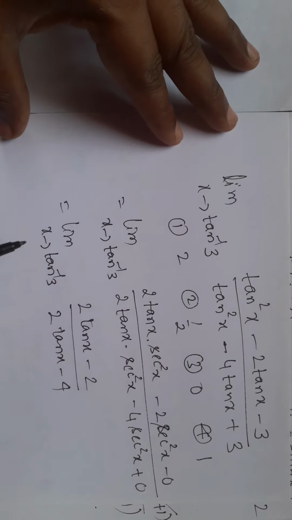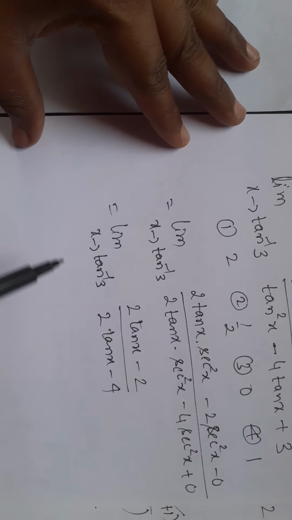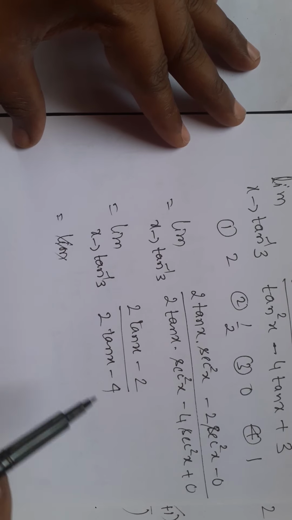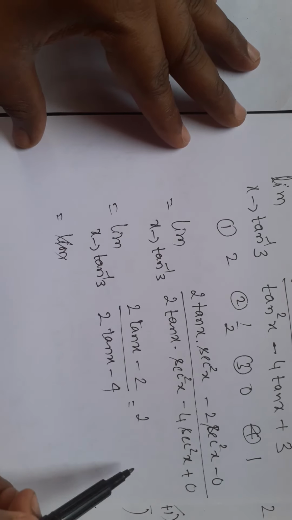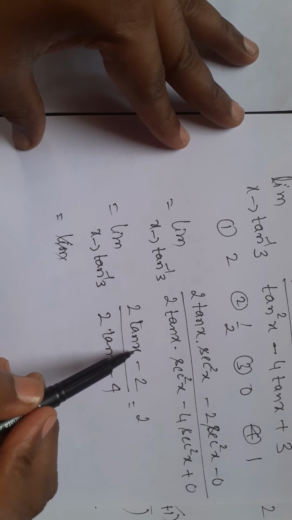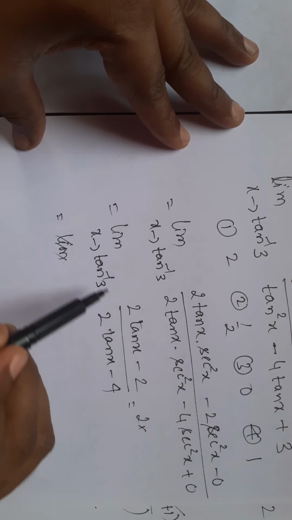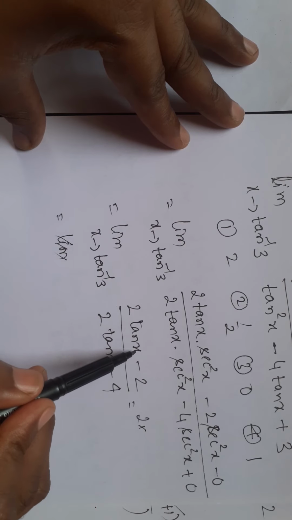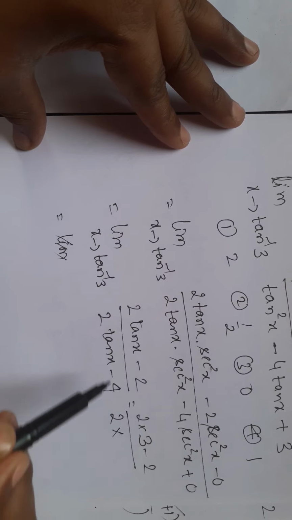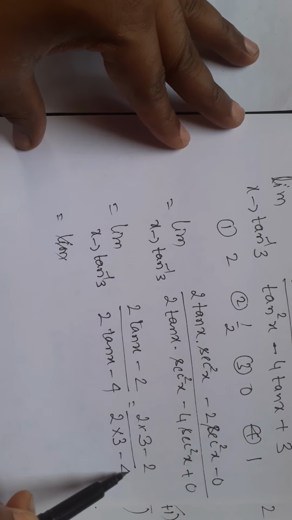Now directly use the limit value. Replace x by tan inverse 3: 2 into tan of tan inverse 3, which becomes 3, minus 2, over 2 into 3 minus 4.